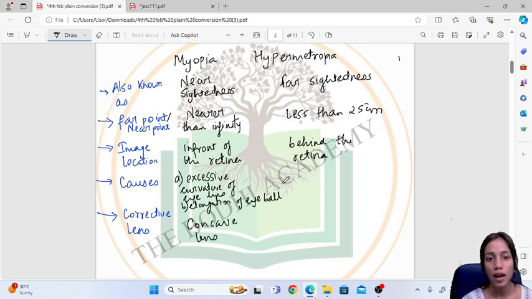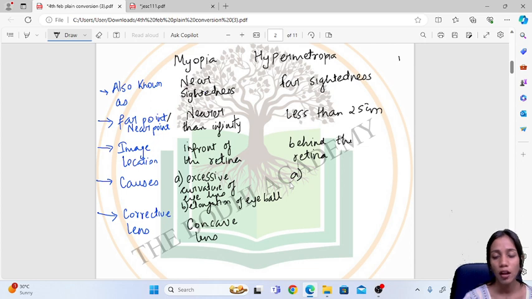Okay, now even this has some causes. The causes are the focal length of the lens has become too long. Okay, and second cause is that the eyeball has become too small. So these causes are also like the opposite of the myopia causes.